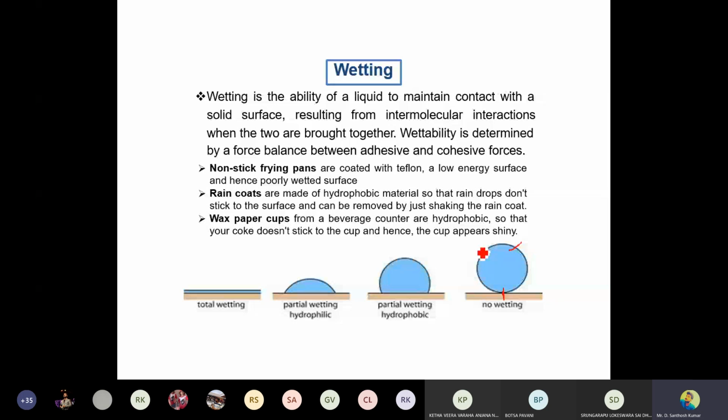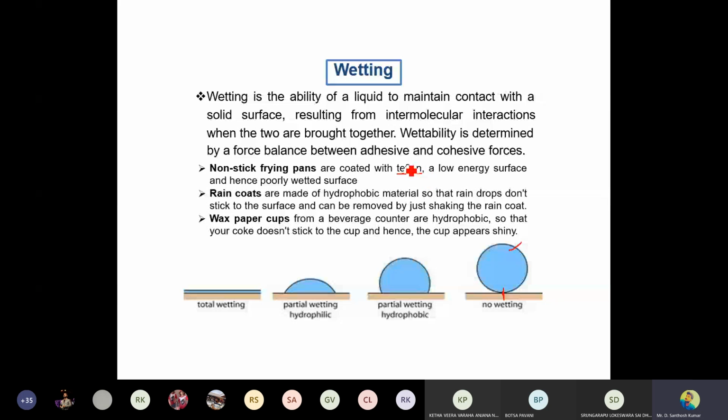Here you can see there are some examples also, like non-stick fry pans. We coat them with Teflon. Whenever you are coating with Teflon, then there is no contact with our pan.